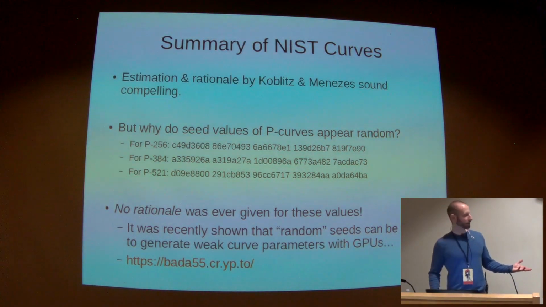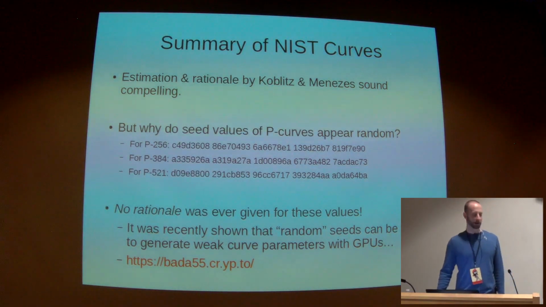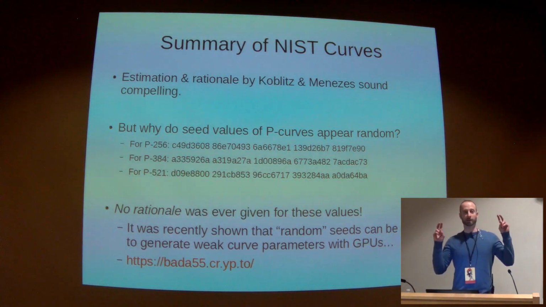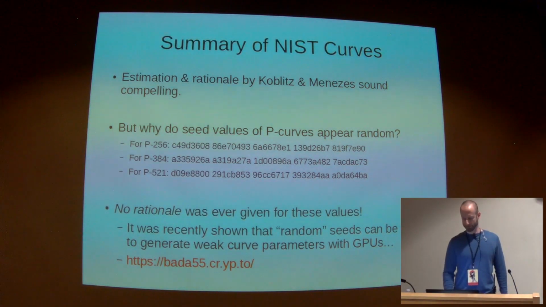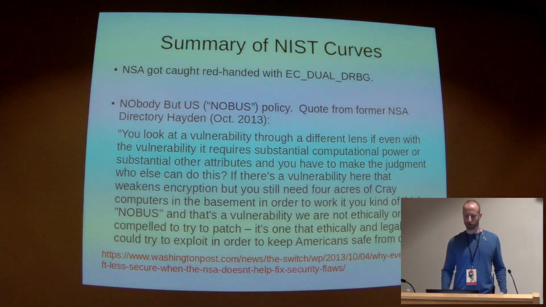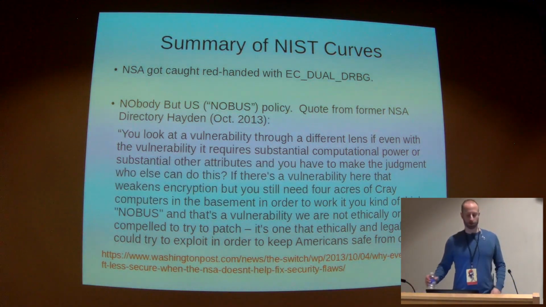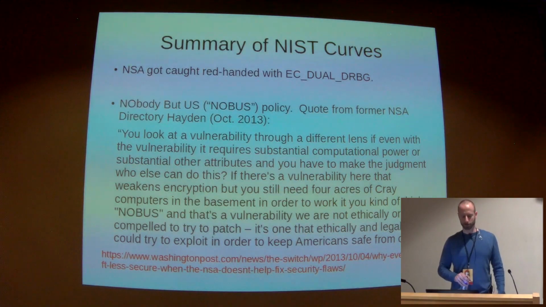And again, like I pointed out before, there's public code now. You can take a GPU farm and generate your own weak curves and then claim that they were random. And of course, the NSA got caught red-handed. So it's another thing that really stands out.